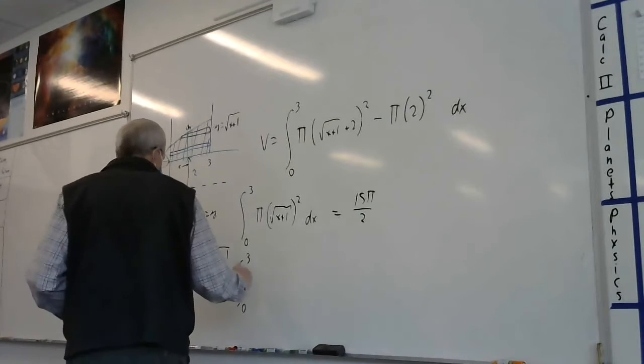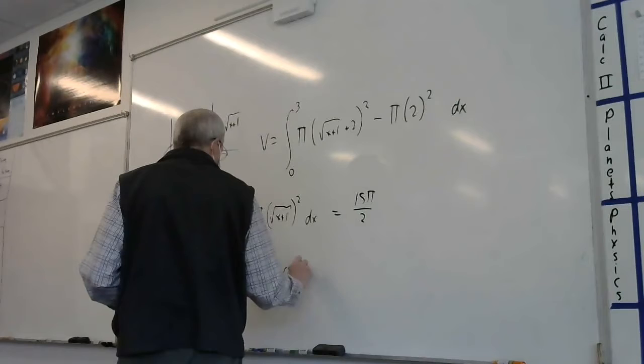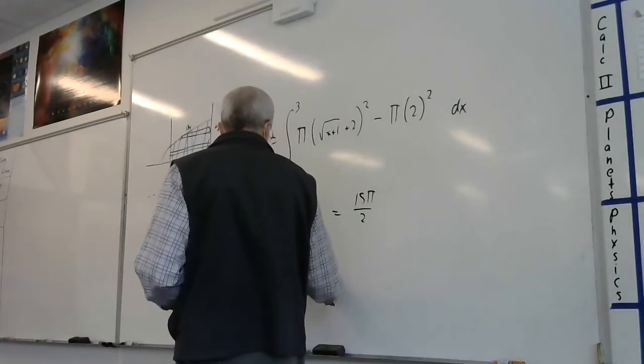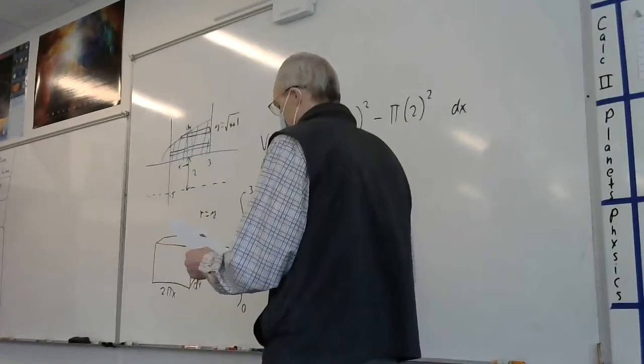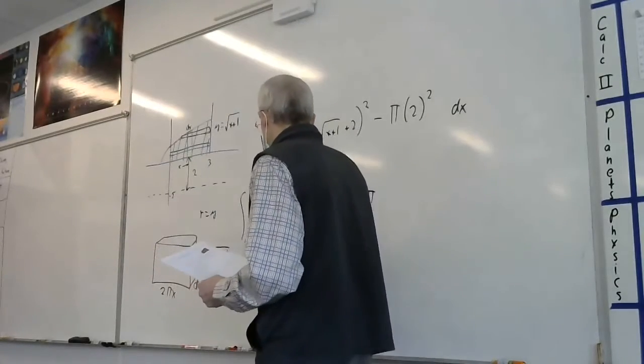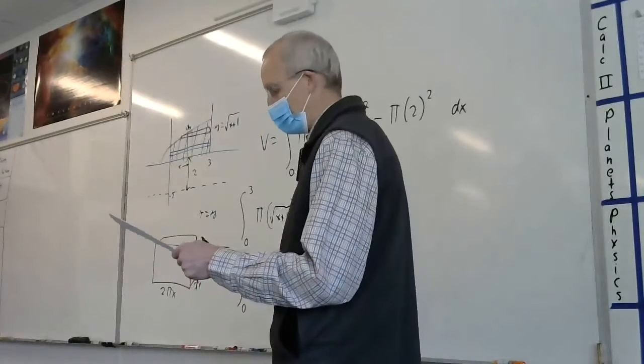So it's 2 pi x times the square root of x plus 1 times dx. So that's the integral. To integrate that, you have to use a u substitution.